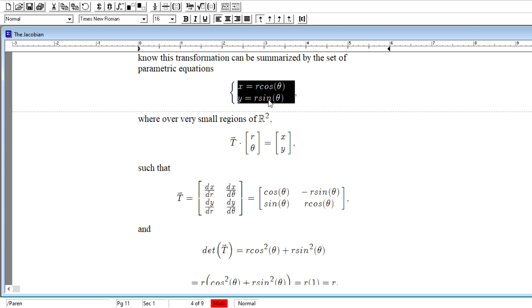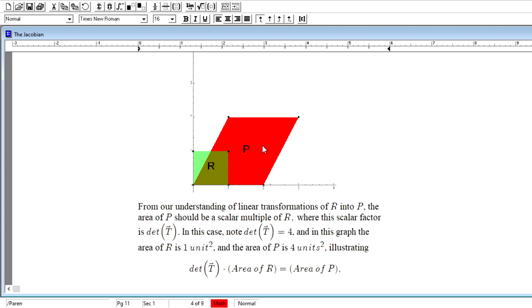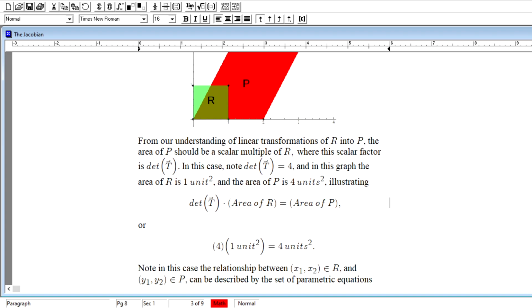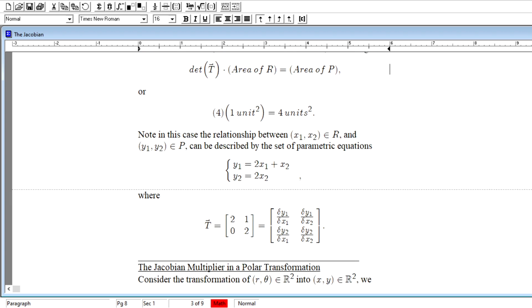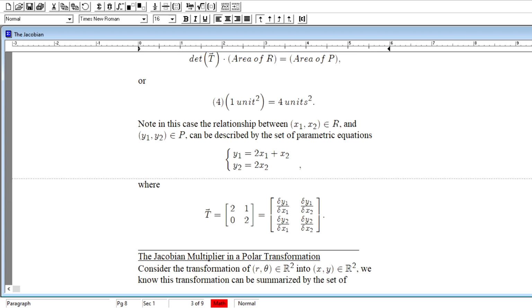In theory, we're not going to be looking at very, very large regions in our transformation. The way we're going to apply this idea is on very small regions, regions whose size is actually going to head to 0. They're going to become infinitesimally small.